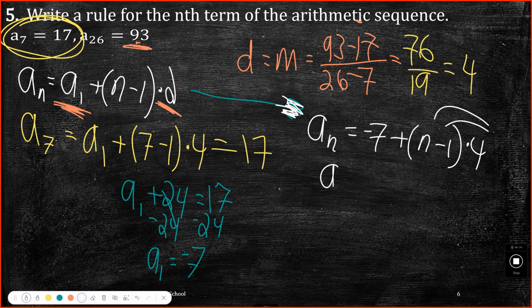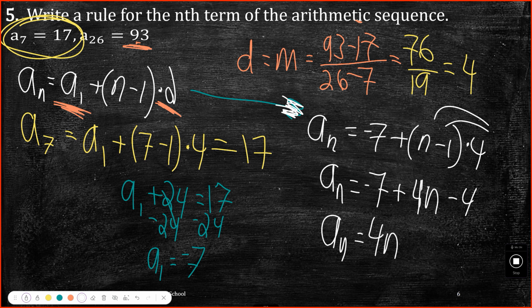We're going to get A sub n equals negative 7 plus 4n minus 4. A sub n equals 4n. What's negative 7 minus 4? Negative 11. Negative 11, and we are done.